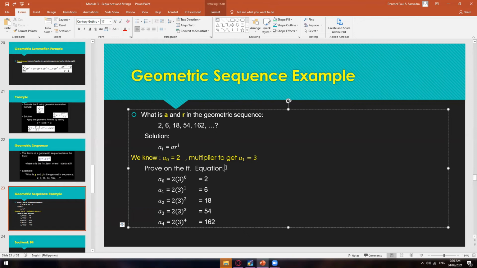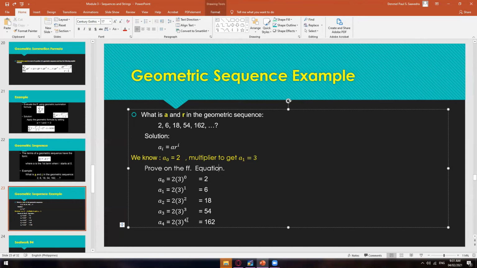We have to prove whether this equation is really true. So 2 times 3 raised to 1 is 6, and 2 times 3 raised to 2 is 18. As you can see, these are A sub 0, A sub 1, A sub 2, A sub 3, A sub 4, their positions. Is it true up to A sub 4?